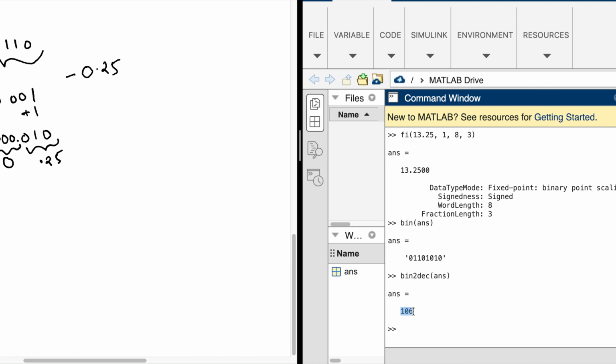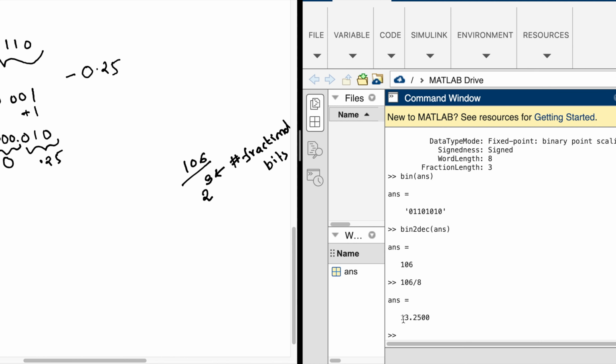To get back the actual fractional value, which is 13.25, we divide that number 106 by 2 raised to the power of 3, where 3 is the number of fractional bits. So this is 106 divided by 8, and that's how we get our actual fractional number 13.25.